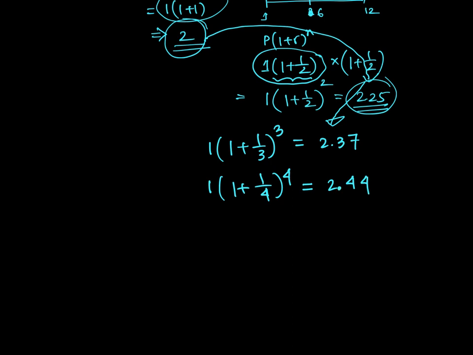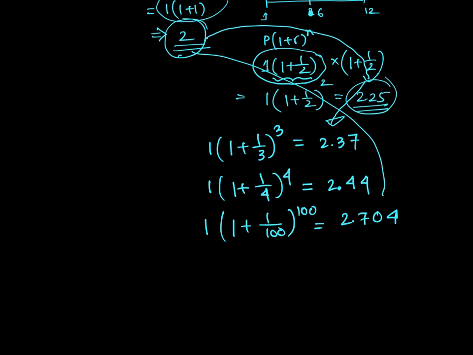Now he did this a lot. Instead of doing it 4 times, he did it 100 times. So now the formula would be 1 plus 1 by 100 to the power 100, which equals 2.704. So he had gained a lot. From just $2, he had gained to $2.704. Now instead of doing it 100 times, let's do it 1,000 times.